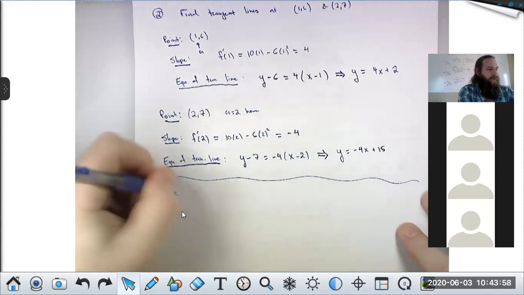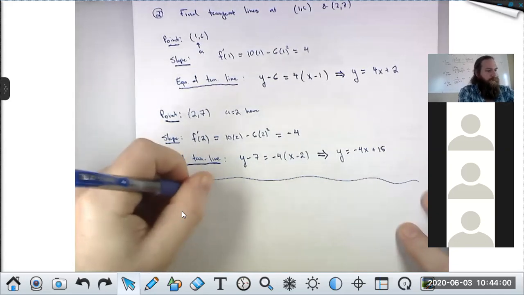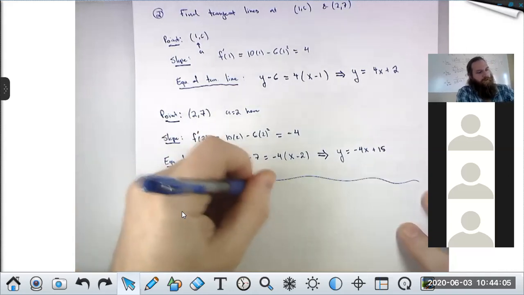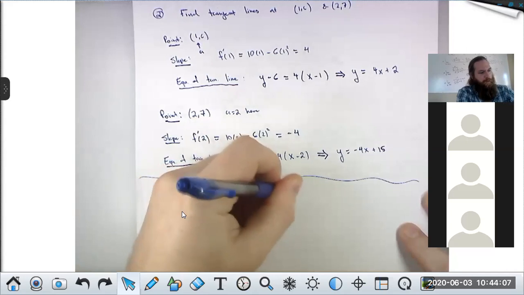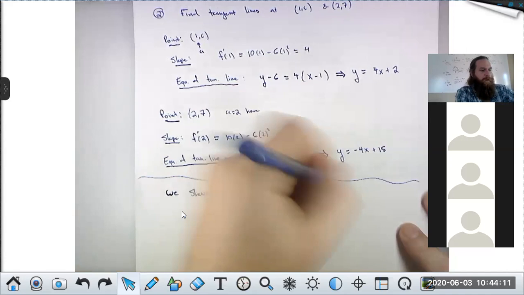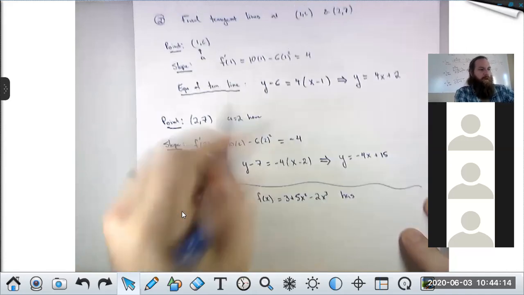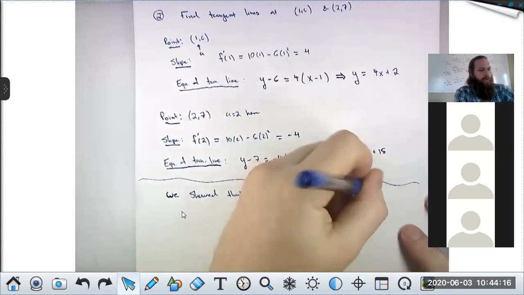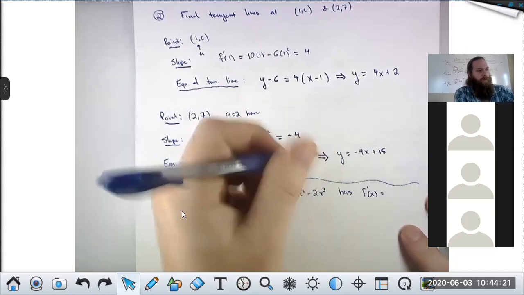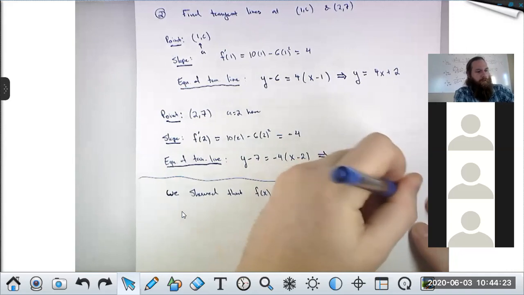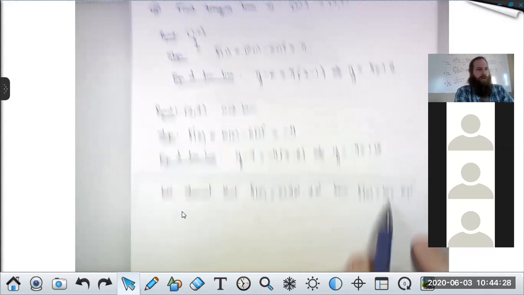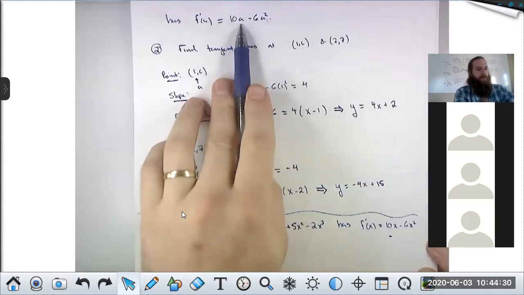We showed that f of x equals 3 plus 5x squared minus 2x cubed has the derivative f prime of x equals 10x minus 6x squared, instead of writing an a there, I'm going to write an x. Now you agree that this and this give the same information, right?